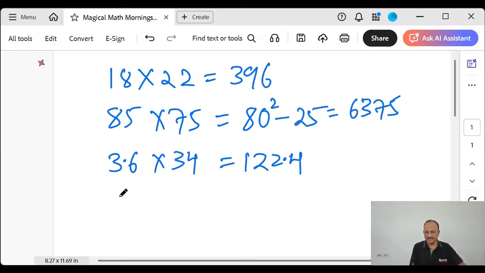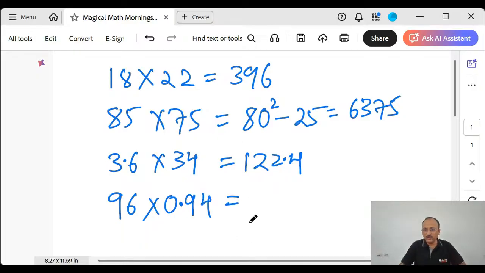Let's try similar numbers around 95. 96 into 0.94. First, you have to find 95 square, subtract 1, and then leave two places to keep the decimal.